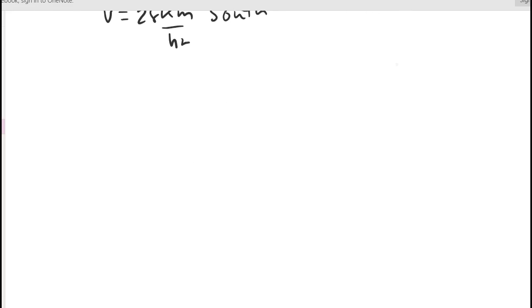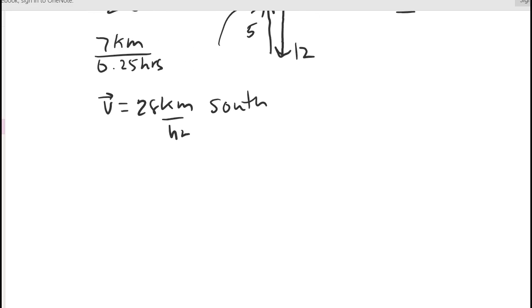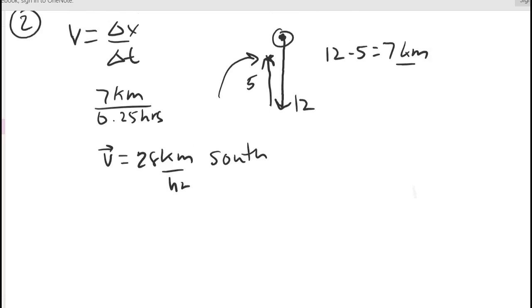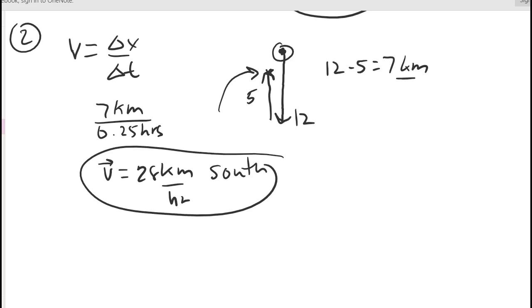And finally, for number 3, now, if we look at that one a little closer, it asks for the velocity, which we already gave, 28 kilometers per hour to the south, but then it also asks for the speed. What was its speed? Well, the speed's a little different.